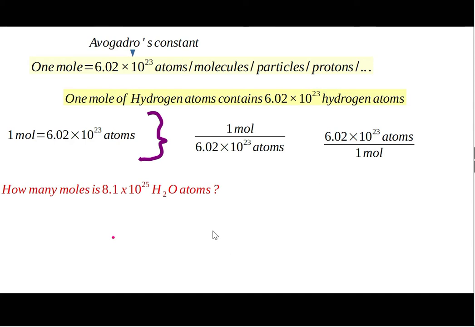I will choose this formula, because if I multiply this formula by the atoms, the atoms will cancel out and I'll get the number of moles. That is what the question is asking for. So let's go on and do that.